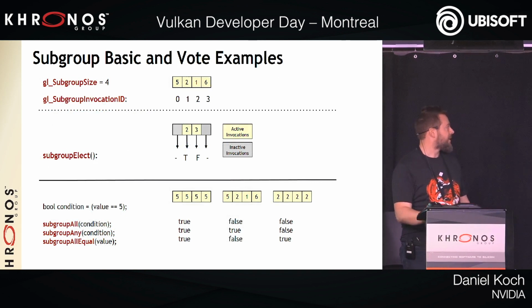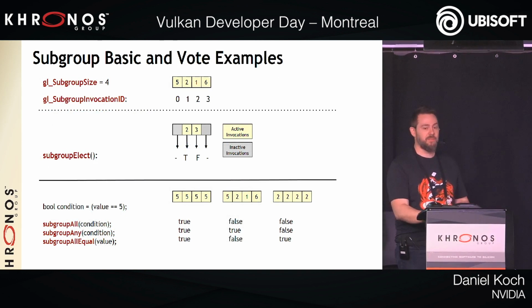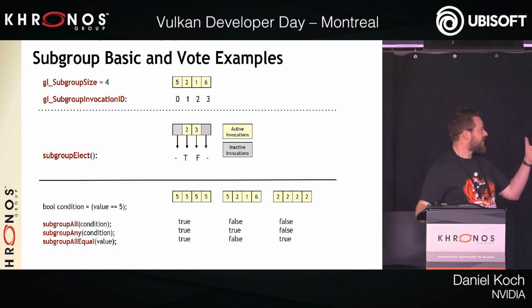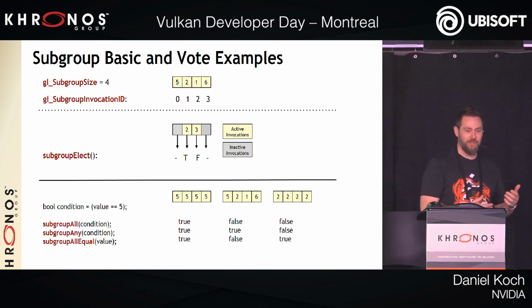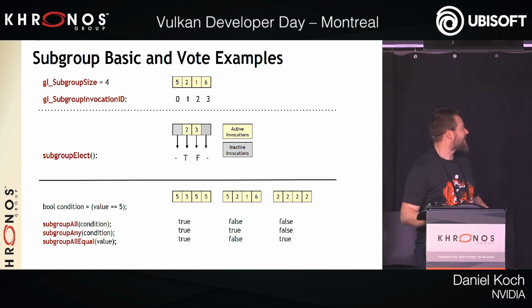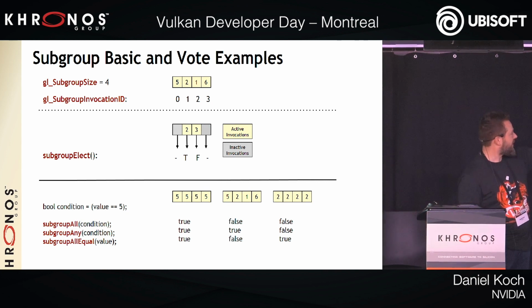So just some examples. I'm going to have a lot of examples in this presentation, and I'm just going to be using a subgroup size of 4. It's smaller than most implementations will have, but I don't want to try and work with 32 or 64 on the slides. It just gets unwieldy, and you can mostly understand it from a subgroup size of 4. So in this case, I've got four invocations.